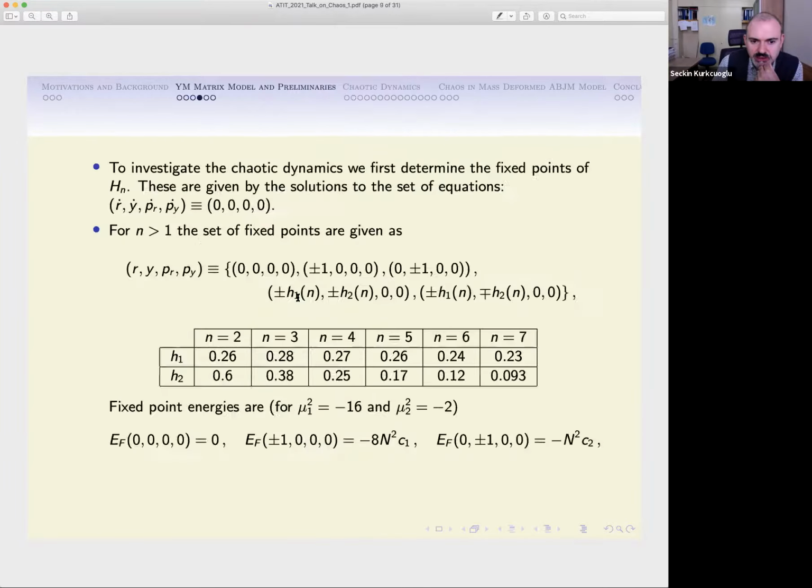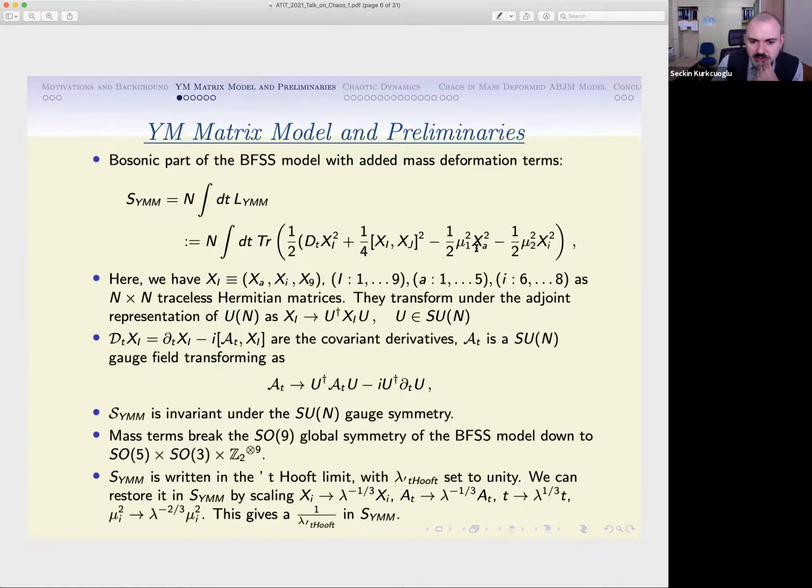let me just quickly go back here. If you forget about these mass terms, this potential is purely 4th power of the axes.